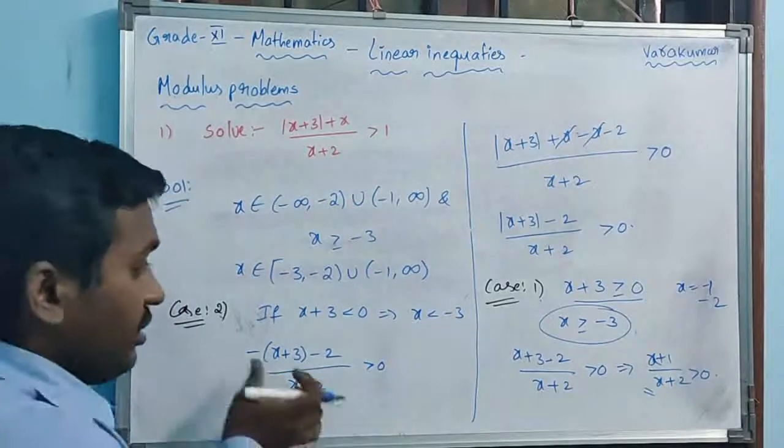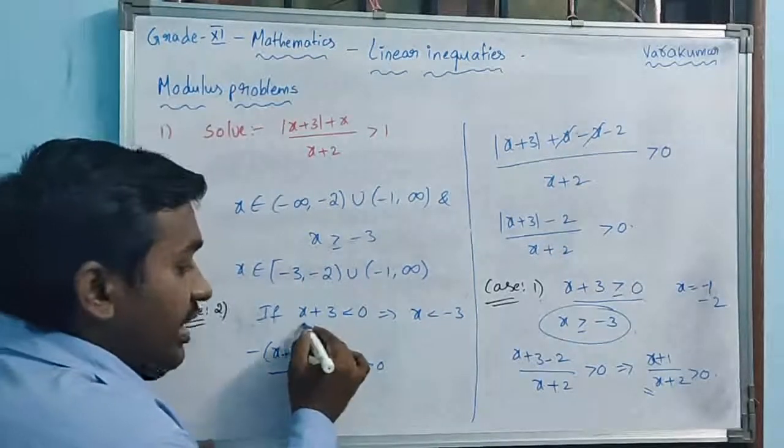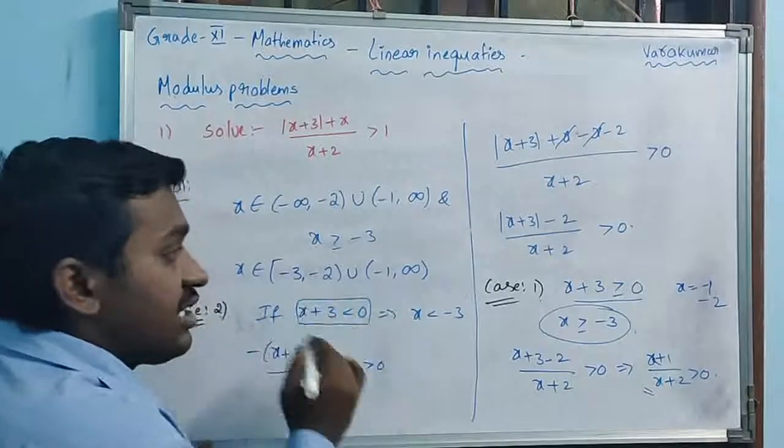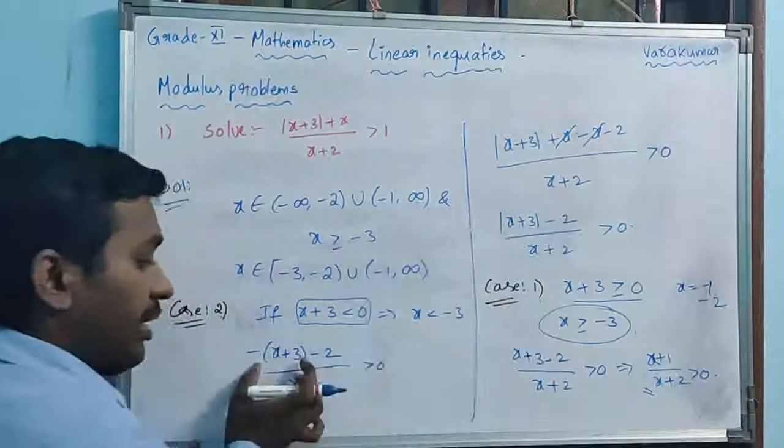So you are taking x + 3 less than 0, then |x + 3| becomes negative.